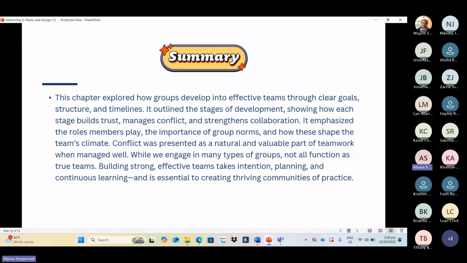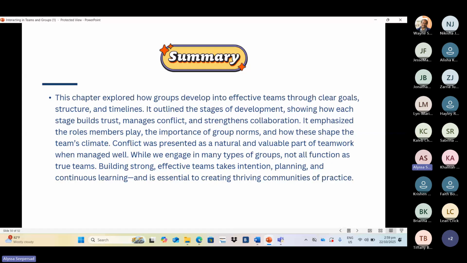So here's a short summary of the chapter, interacting in teams and groups, and it says this chapter explored how groups develop into effective teams through clear goals, structure, and timelines.